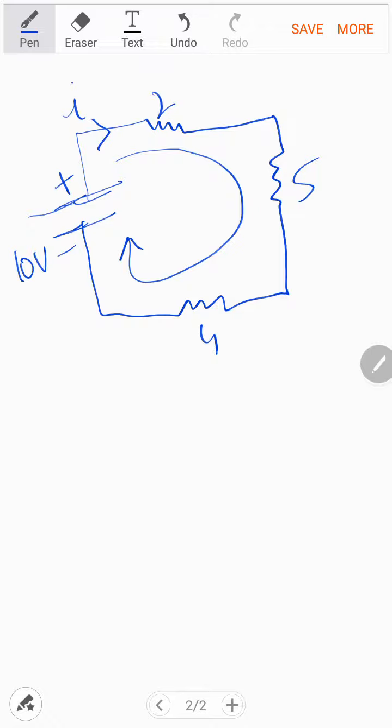Before we start Kirchhoff's voltage law, here we will use Ohm's law, which is V is equal to IR, that is, the voltage drop is equal to the current times the resistance.